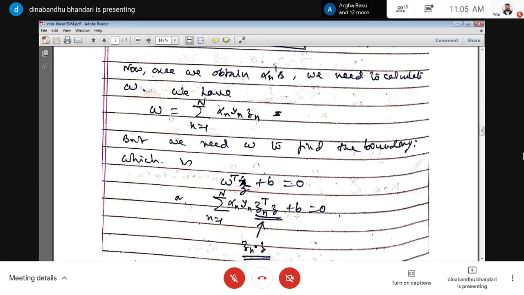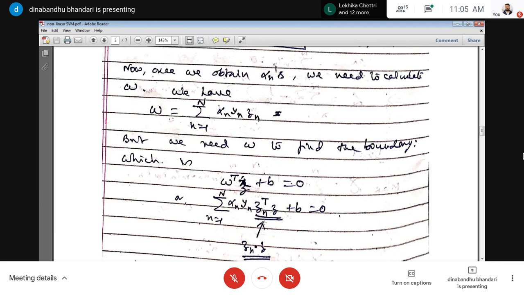So I will come to the point B. So far, to predict the class of an unknown point, we can do it by calculating only the dot products of the support vectors with it. If we can calculate the dot product, it is sufficient.